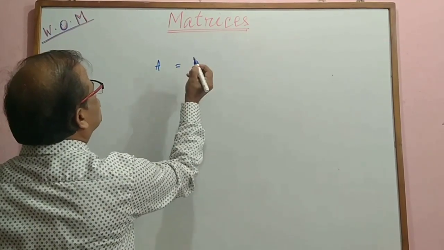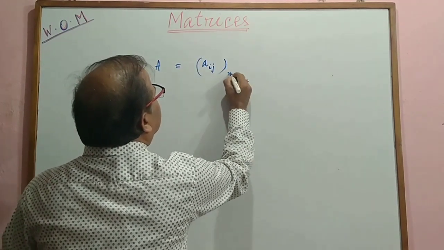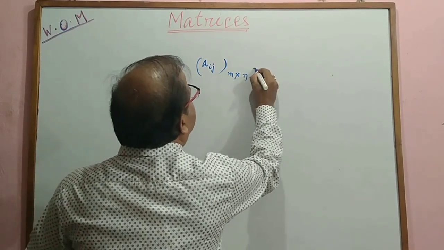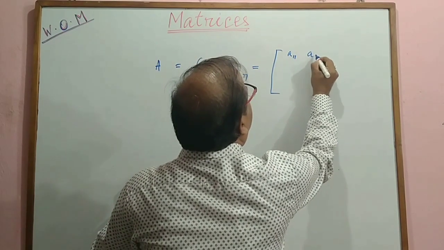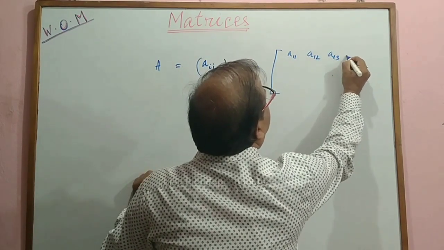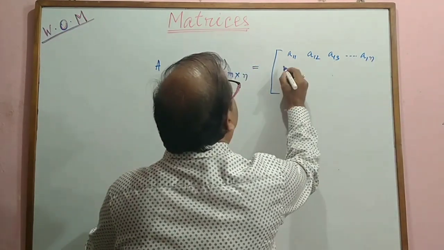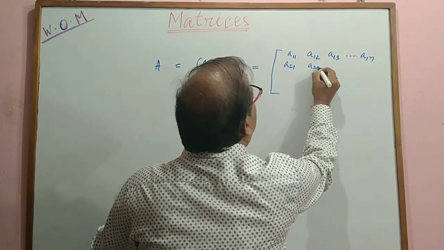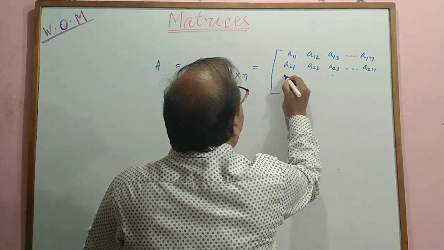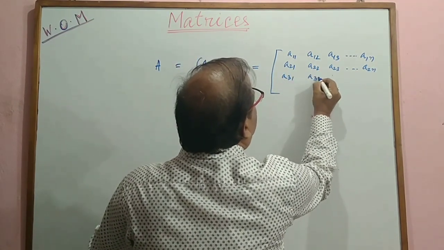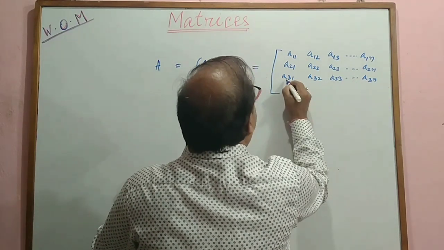Matrix A is equal to Aij, m by n, that is equal to A11, A12, A13 up to A1n; A21, A22, A23 up to A2n; A31, A32, A33 up to A3n.